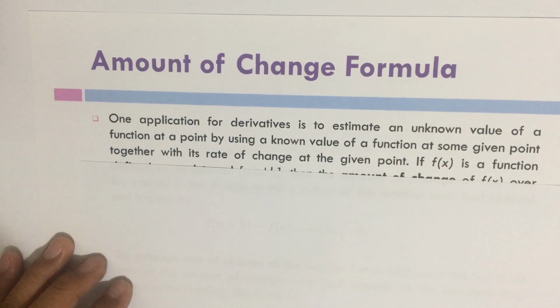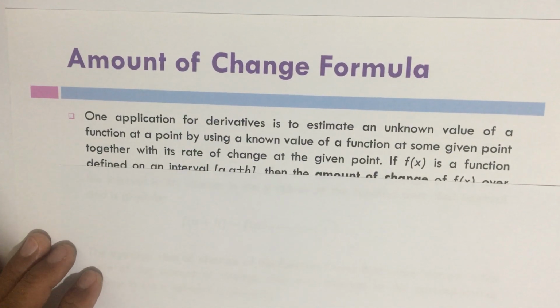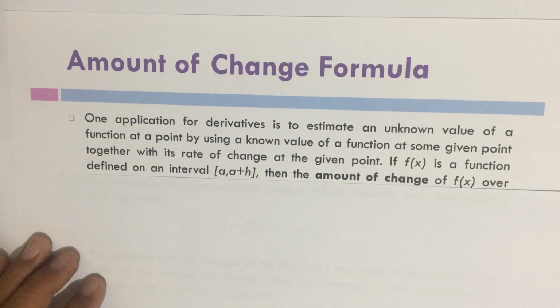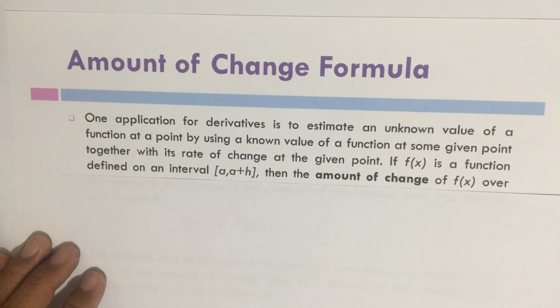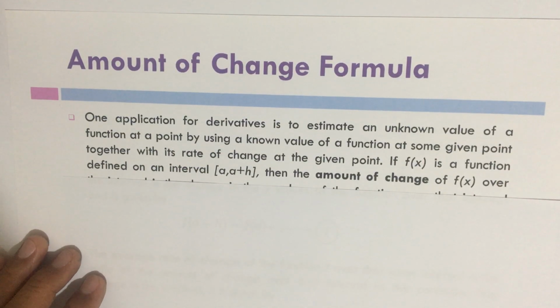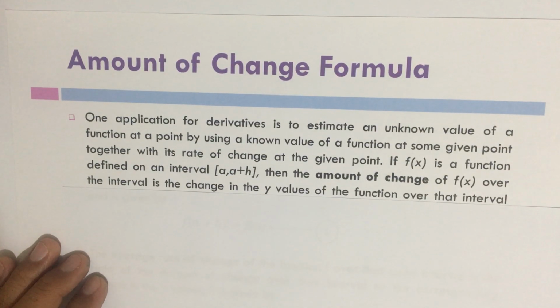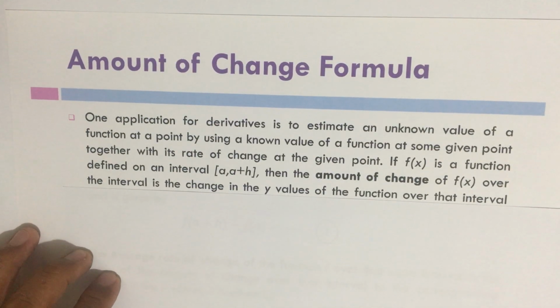If f of x is a function defined on an interval from a to a plus h, where a is the abscissa and a plus h is the ordinate, then the amount of change of f of x over the interval is the change in the y values of the function over that interval.